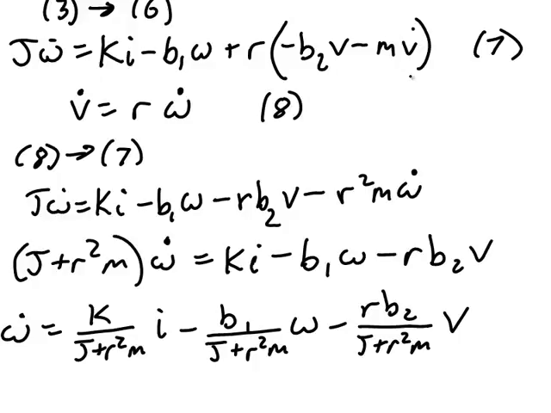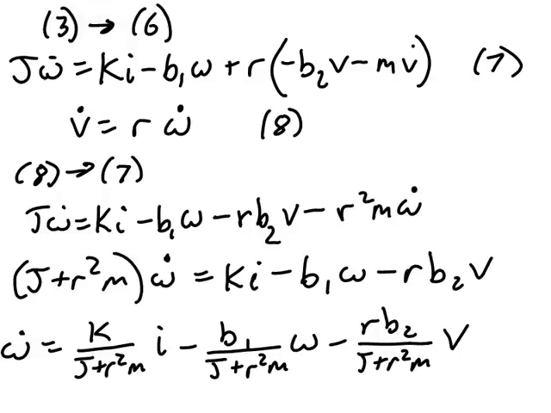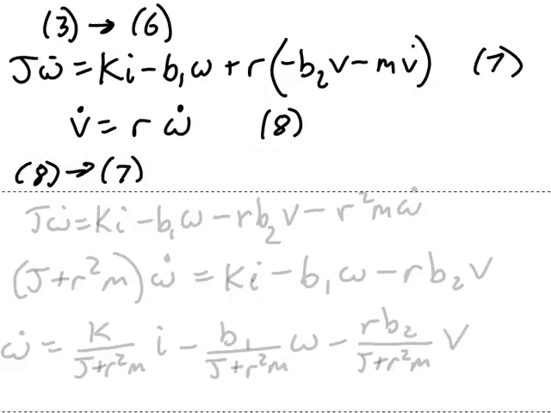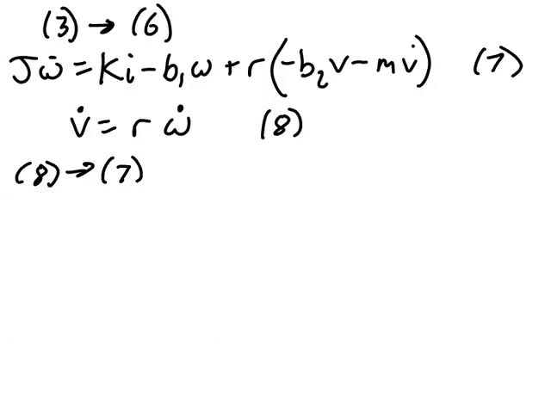If I wanted instead to get an equation for v dot, I could have taken this equation and plugged it in for omega dot instead. So that's what I'm going to do. I'm going to go back up here and give myself some space, and instead of using this to plug in for v dot, I'm going to plug it in for omega dot.